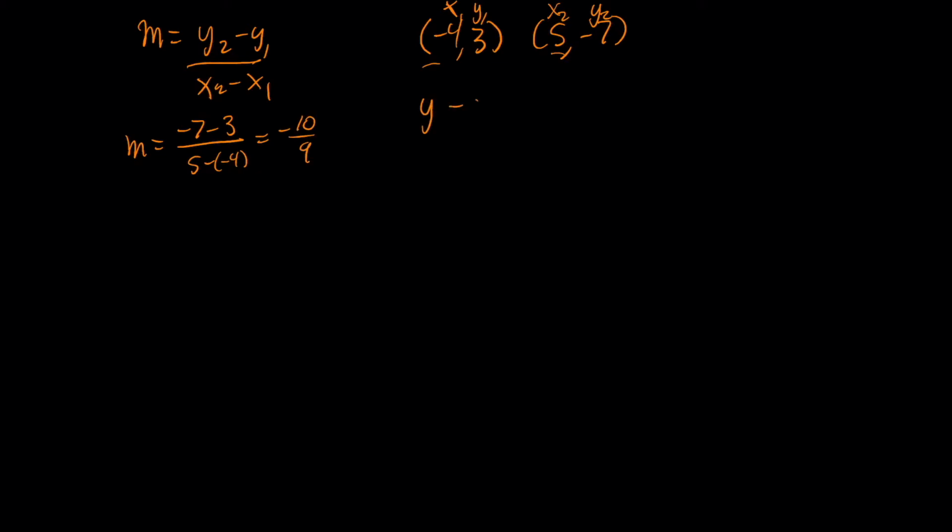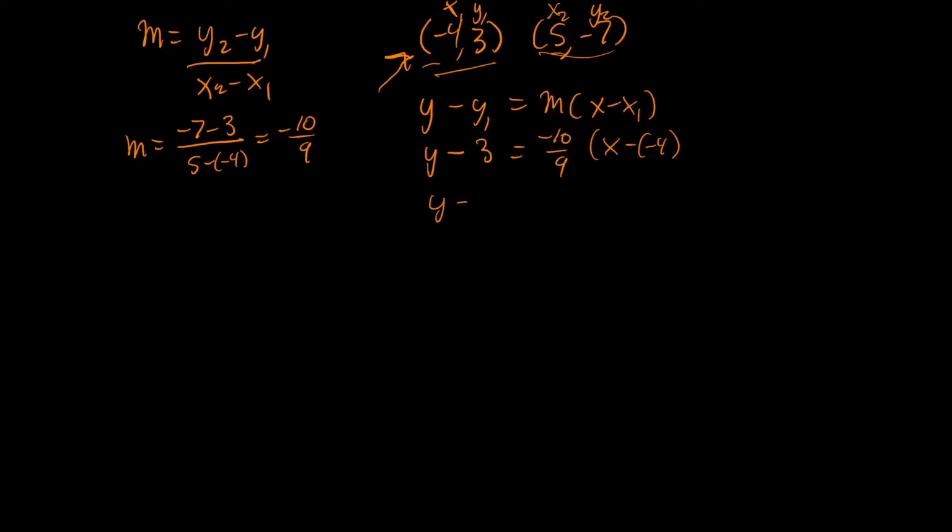Now I can put that into slope-intercept form. Remember, it does not matter which of these points I use. I'm just going to use this first one right here. That means I've got y minus 3 equals negative 10/9 times x minus a negative 4. Y minus 3 equals negative 10/9 x minus 40/9. I add 3 to both sides.